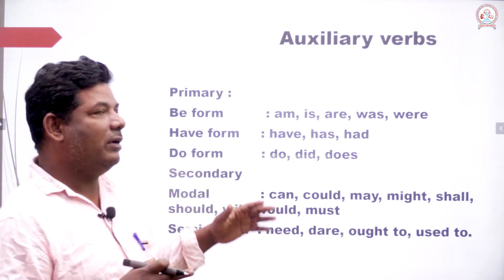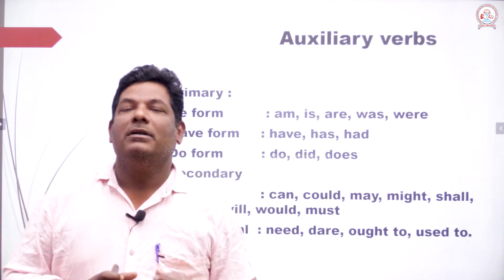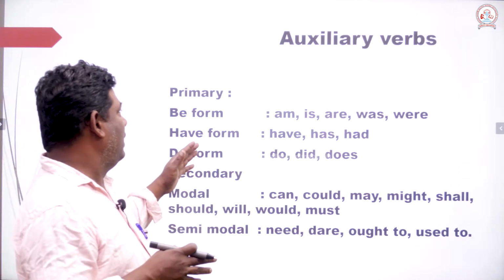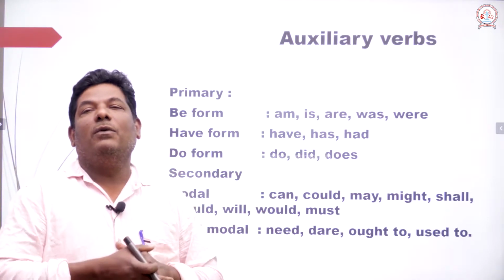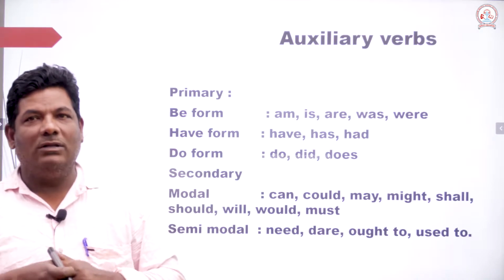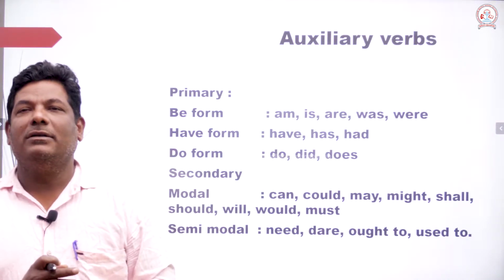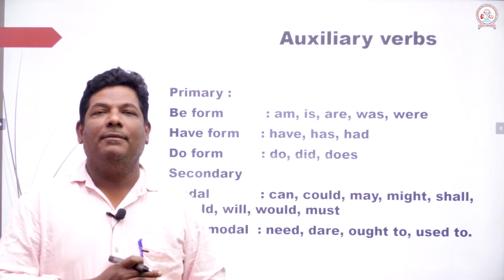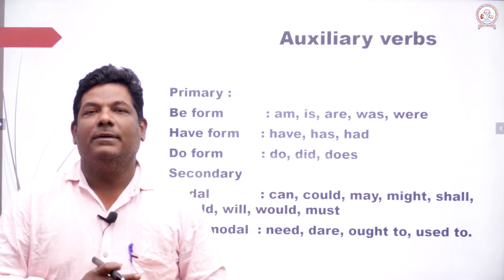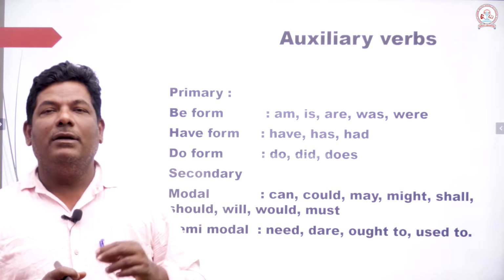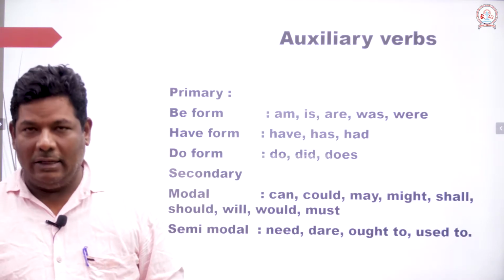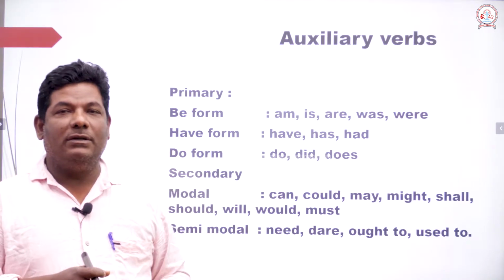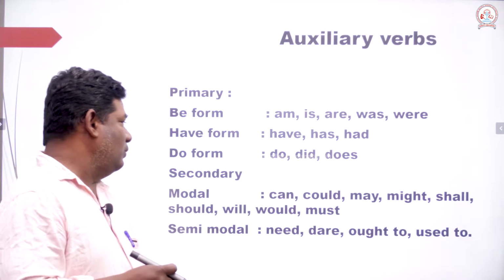I have taken up here only finite verbs. I am not taking non-finite verbs. In primary, we have be form verbs: be, is, are, was, were. You have already heard them, right. Then have form verbs: have, has, had. Again, do form verbs: do, did, does. Again, we have modal verbs: can, could, may, might, shall, should, will, would and must.